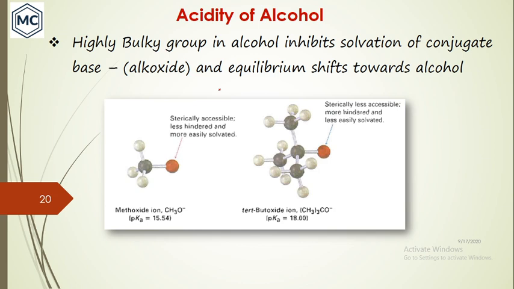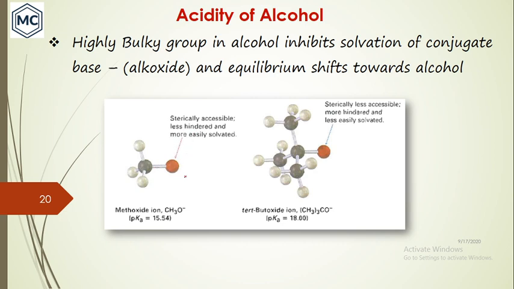So solvent can stabilize the conjugate base and the equilibrium shifts toward the alcohol. But a bulky group can inhibit the solvation. This methoxide has less steric hindrance.